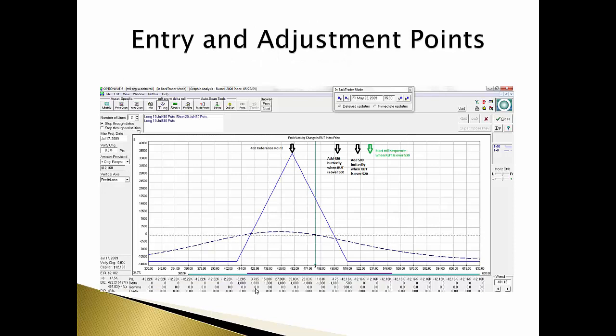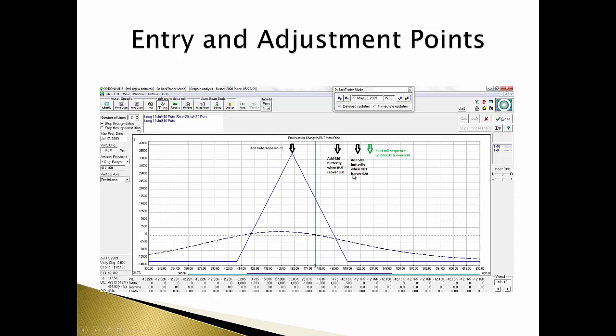So here is that shown graphically. In this case here, we entered with our short strikes at 460. That's our reference point. If we add 40 to our 460, that would put Russell at 500, which is right here. So when Russell is over 500, we're going to add our 480 butterfly, which is going to be added right here at 480.